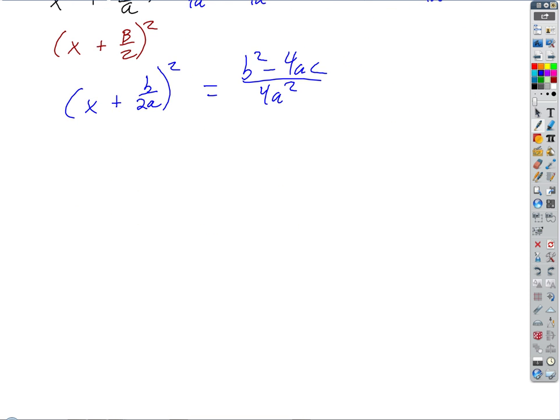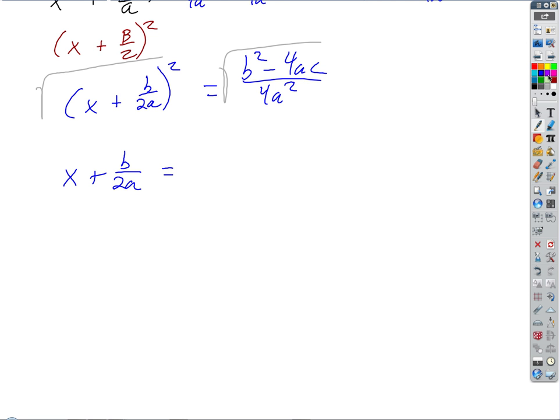So let's square root both sides. If I do that, we're going to get on the left side x plus b over 2a. What are we going to get on the right side?